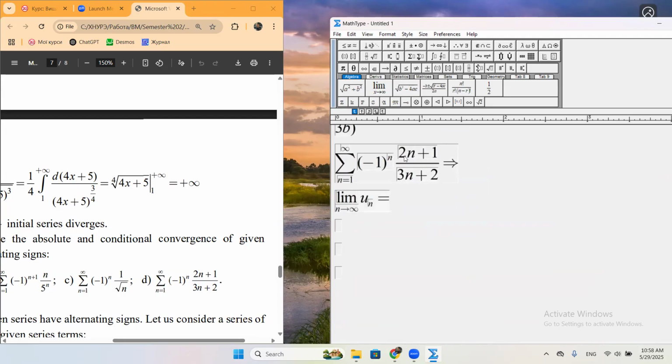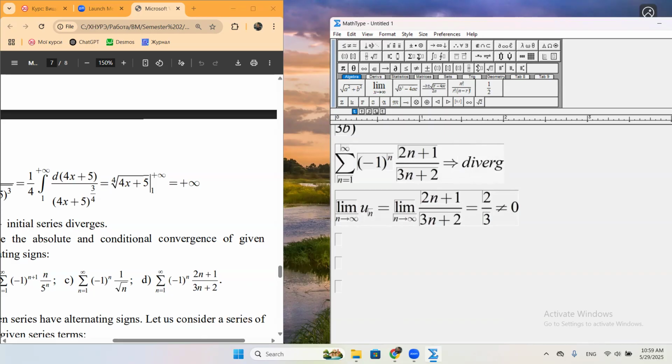So let's calculate the limit of the nth term. We will see that it equals 2 over 3, and it is not equal to 0. So it means that we don't have to continue the investigation, and we can conclude that the series is divergent.